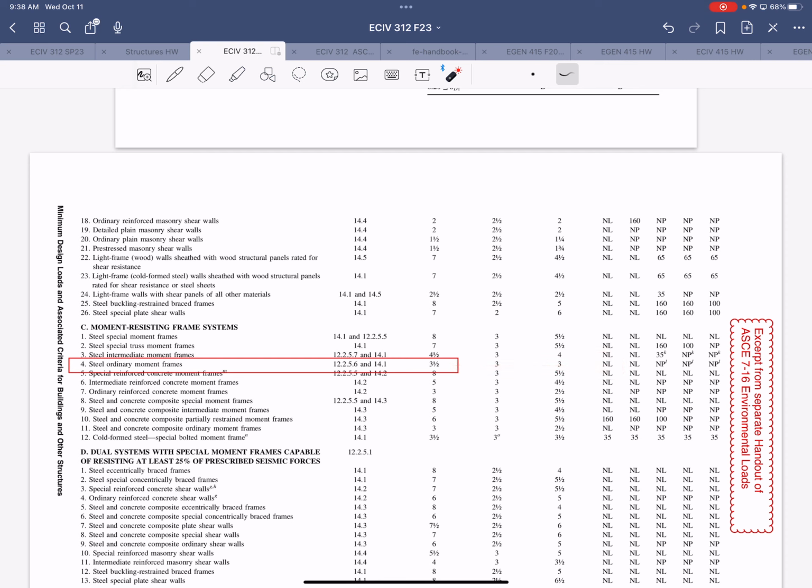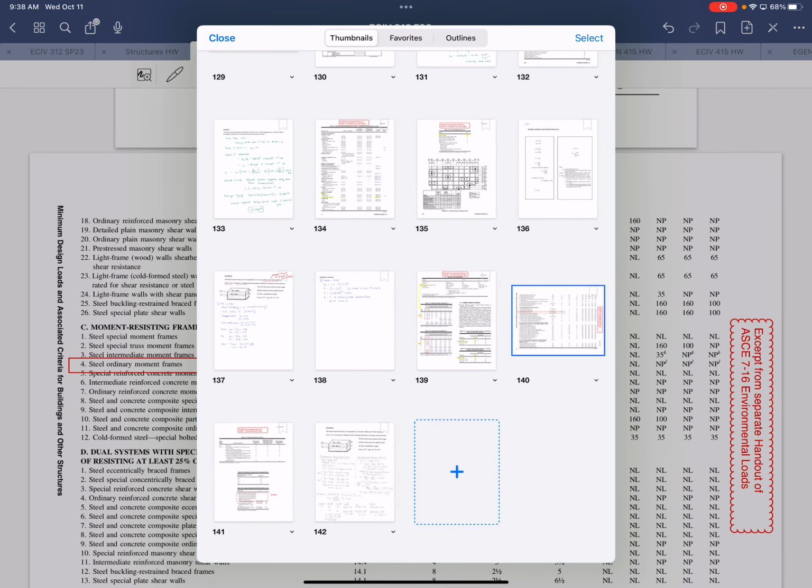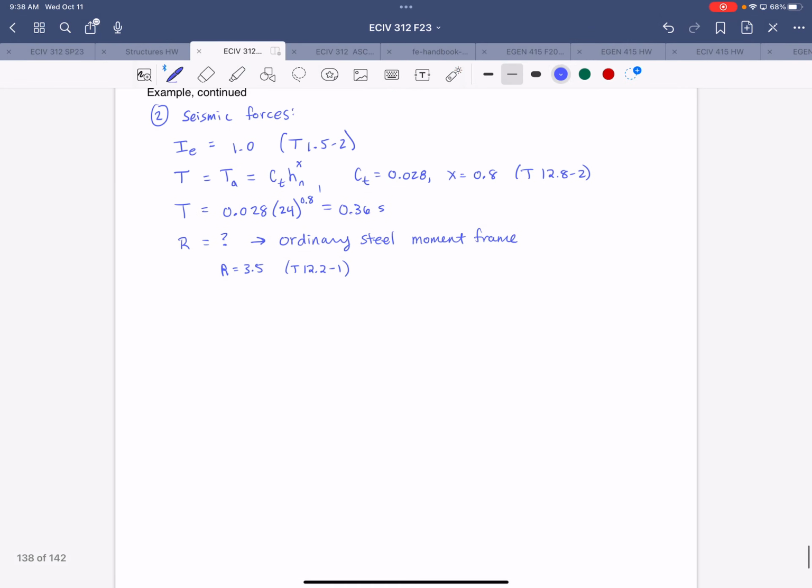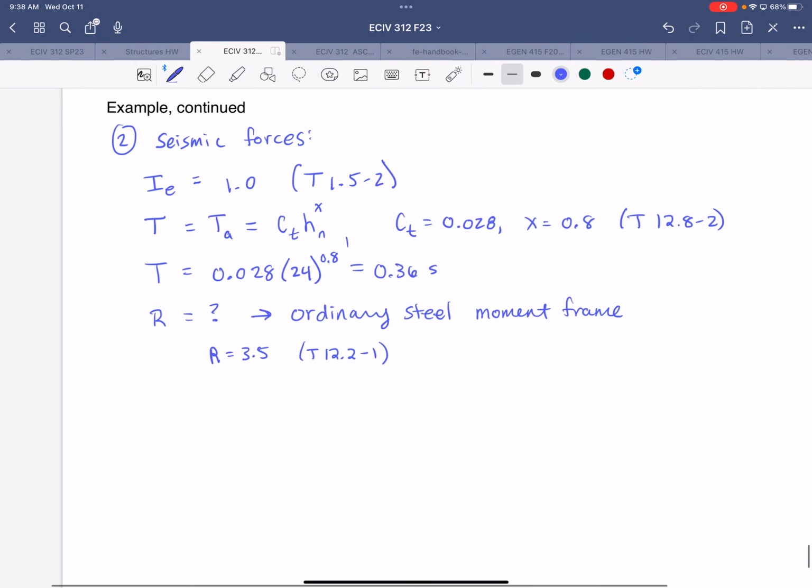If we had seismic design category D or worse, we would not be allowed to use that structural system, okay? So in the high seismic categories, we would have to use intermediate or more likely special moment frames, not ordinary. All right, but it is permitted in seismic design category B, so we're all good.